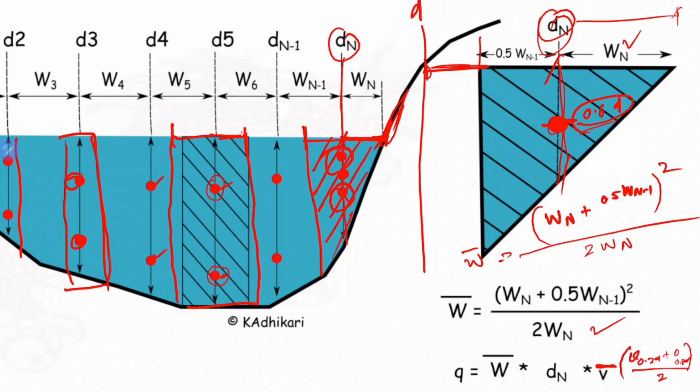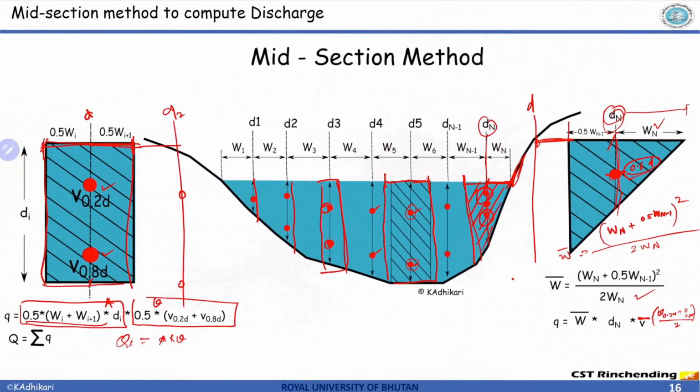That's how the discharge at the edge strips is calculated, and for the rest of the strips we use the earlier method. Then the total discharge is the summation of all the Qis. So that's how we calculate the discharge using the midsection method.